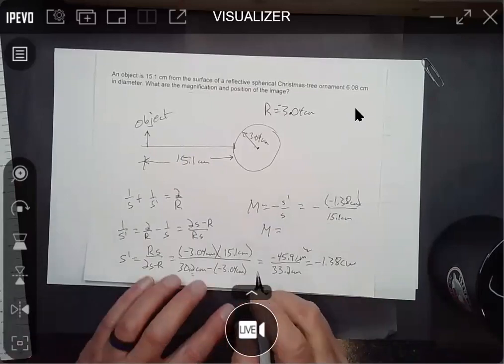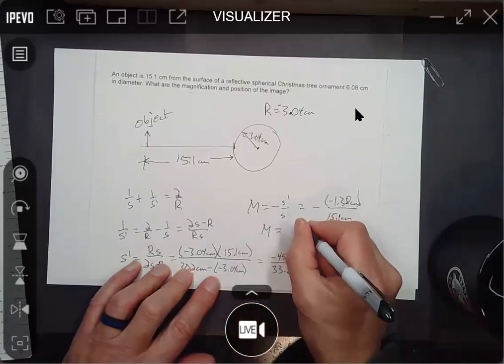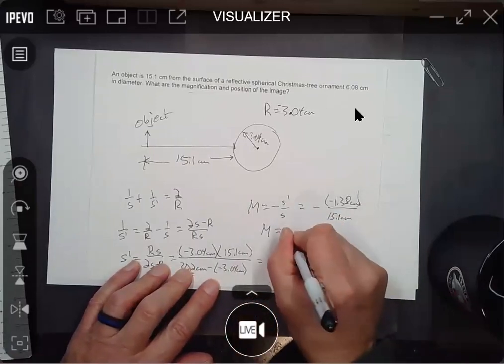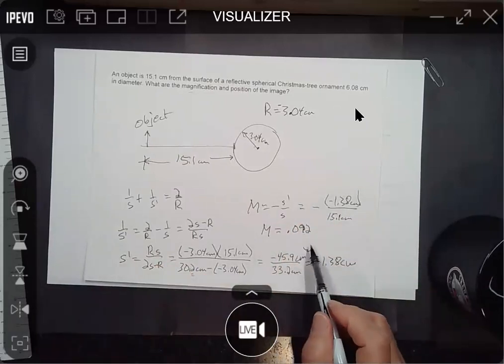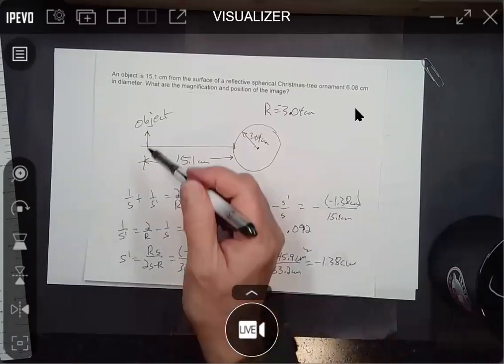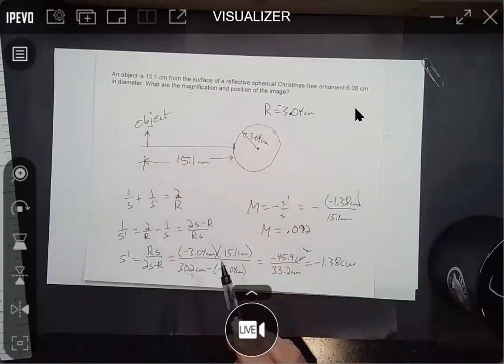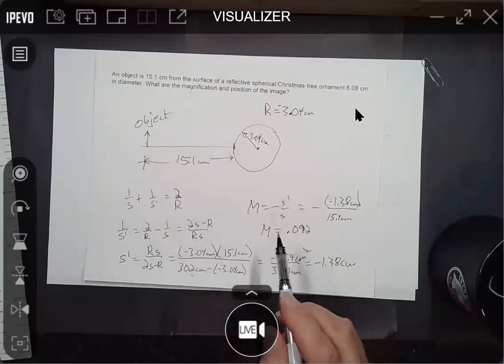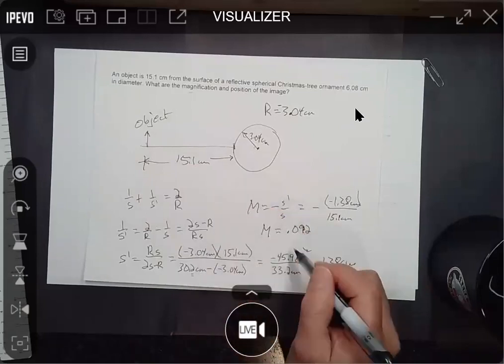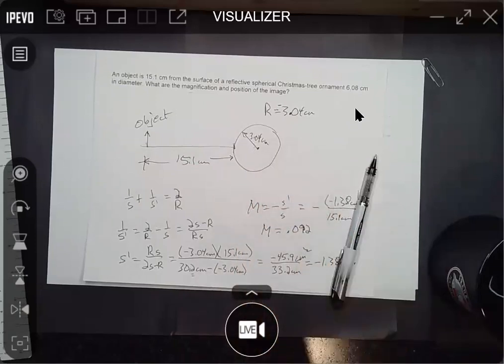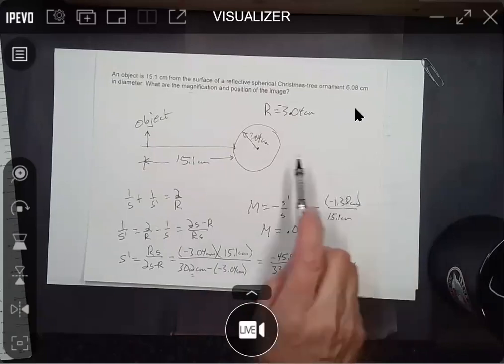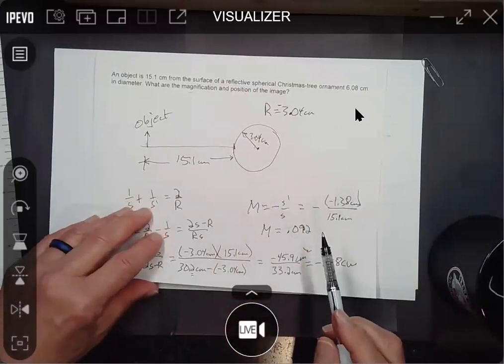It's only about 9.2 times 10 to the minus 2, 0.092 is what the magnification happens to be. So about 1/10 the size. If this object over here happens to be your face, it'll appear shrunk on this thing. It's only going to be about 1/10 its size, but it'll be upright. You can look at a Christmas ornament that's a shiny ball and see that. So there's our only convex mirror problem.